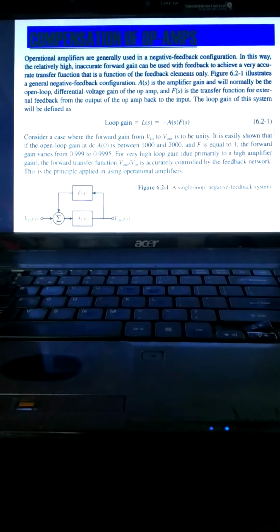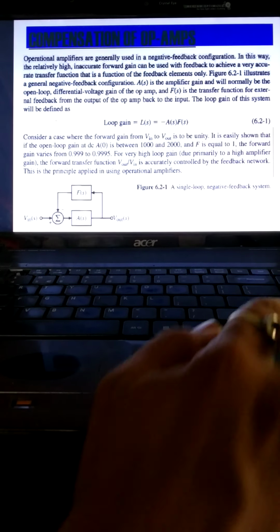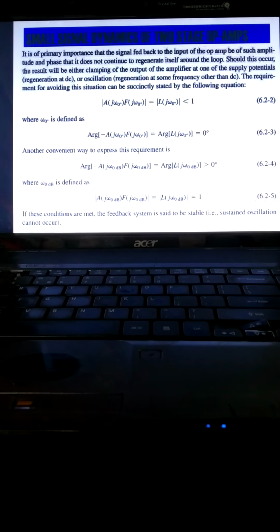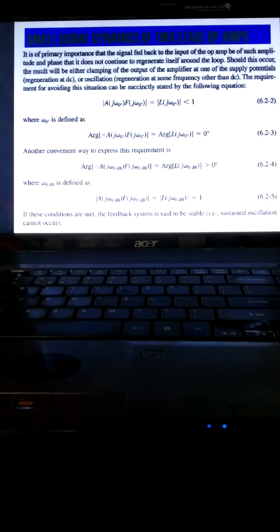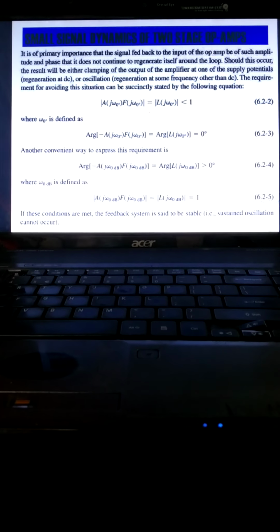So what is the following equation? Previously we saw that the loop gain is A(s) times F(s), but here we consider s equal to j omega naught. We do not consider a negative or positive loop gain. We consider the magnitude of the loop gain, or modulus of the loop gain.